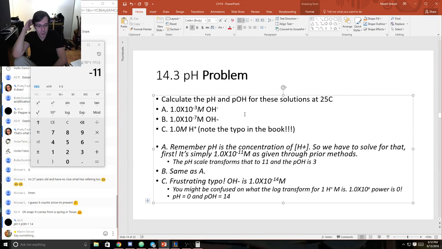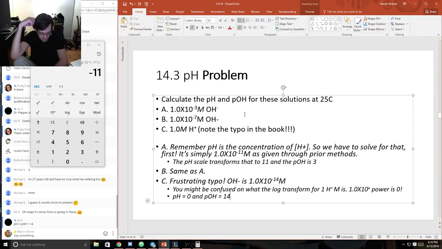So that's the question. The typo in the book, they try to solve it in the book, and it's all messed up, unfortunately. The OH is 1.0 times 10 to the negative 14th. So it's pretty simple. The pH is 0 and the pOH is 14.